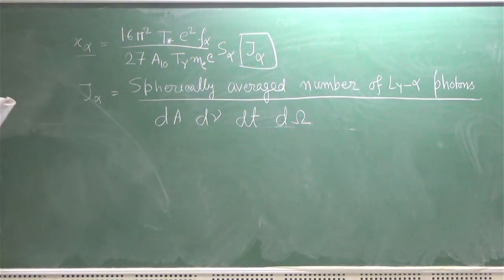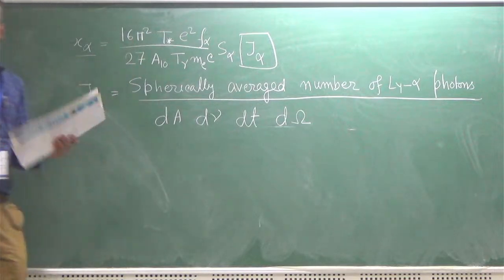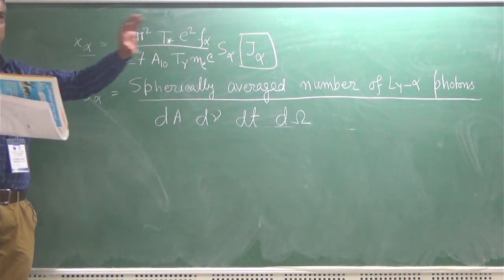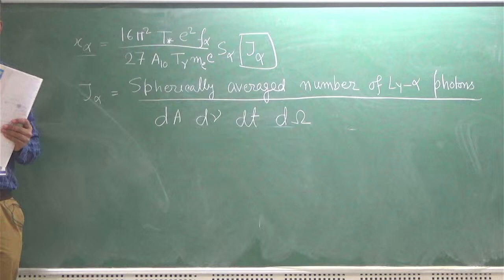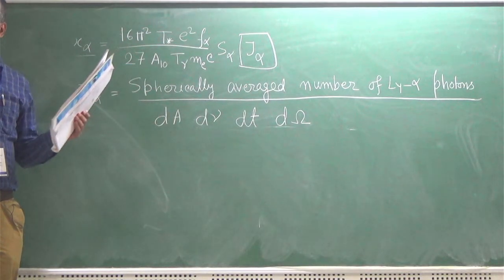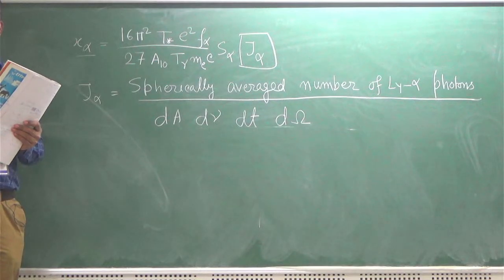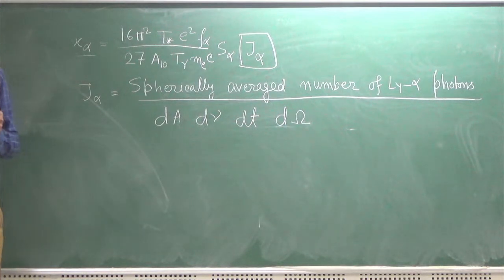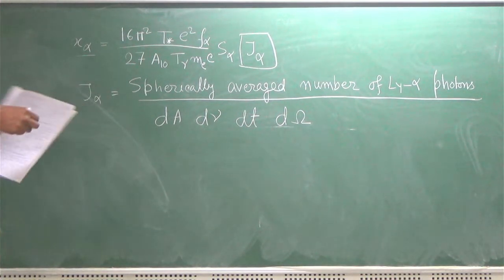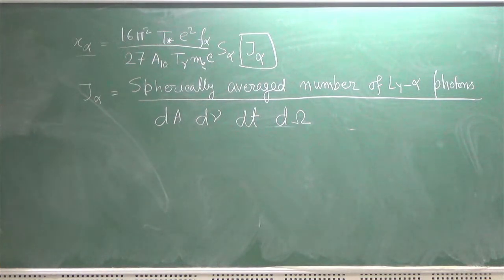So this is how we define J alpha. This equation is a bit long. I have a 4-5 page note, and I can give you that one. So I'm not going to discuss that. It's a long calculation, it will take a longer time. So I prefer to skip that, but I have a note and I can circulate it to everyone.